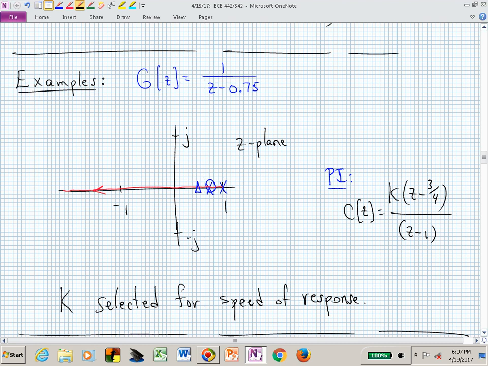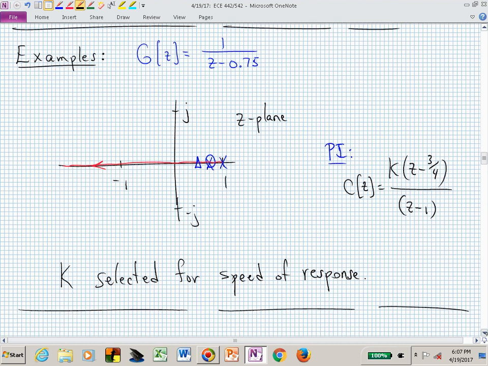But what if there was some uncertainty in your system and you modeled it this way, but your model is not quite what the actual plant is? Is that making sense? The true system might be first order, but it may be a G hat of Z that has a pole that's not right at 3/4. Oh, great. What's going to happen? Well, we can look at some possibilities.